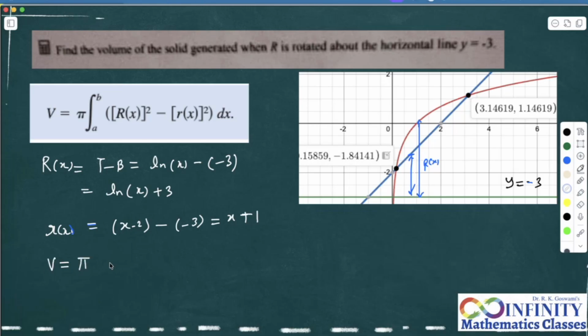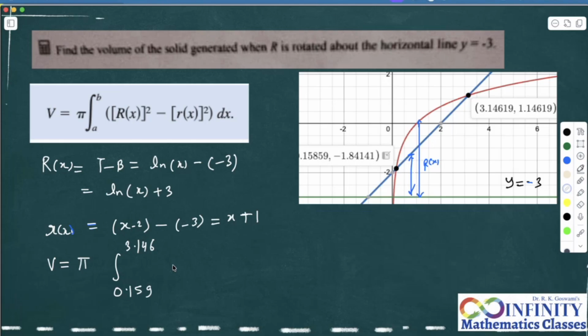So now the volume is going to be an easy task for me. It is going to be from a to b. Again, the limits are going to be the same. So from 0.159, this is the x value for the point a, that means the left point. And for the right point, I'm using 3.146, rounding off the values up to 3 decimal places.